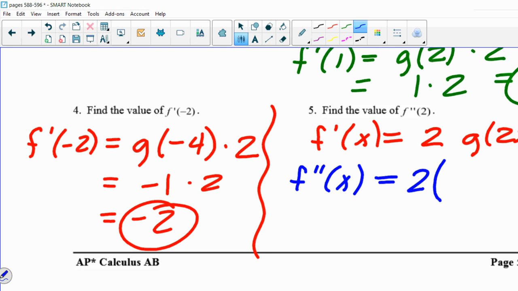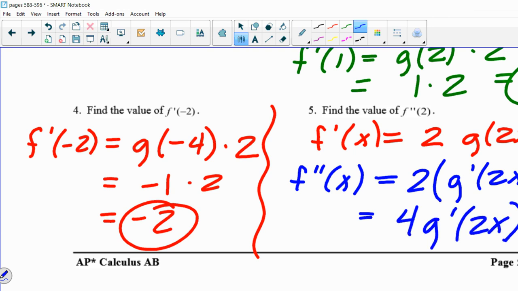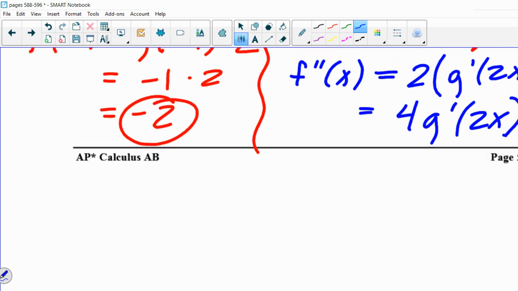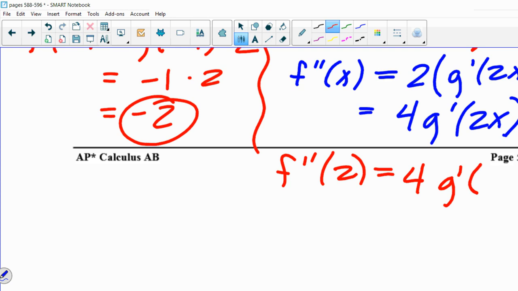The derivative of g of 2x, that's a chain rule, is g prime of 2x times the derivative of the inside. So that's 4g prime of 2x. Now I need f double prime of 2. So f double prime of 2 is going to be 4 times g prime of 2 times 2. Well, what's g prime of 4?